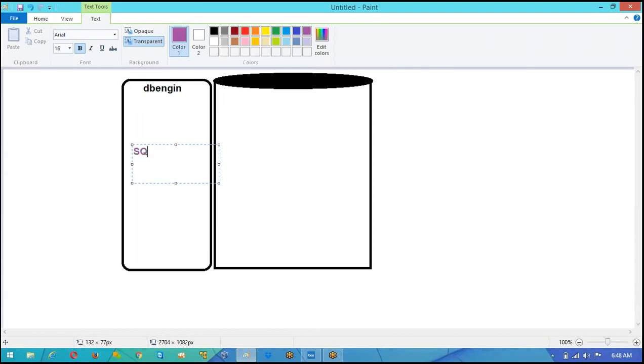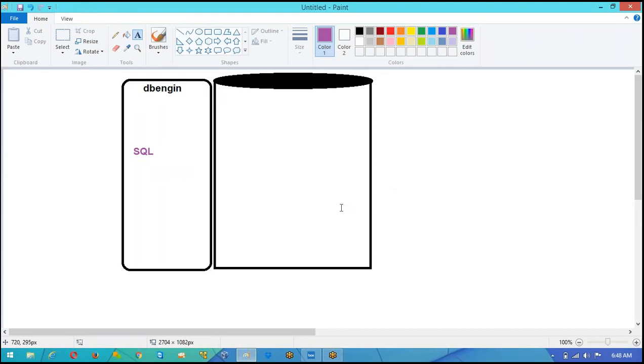SQL, structured query language. So please remember, here I am introducing SQL. SQL is a common database language for all RDBMS tools.